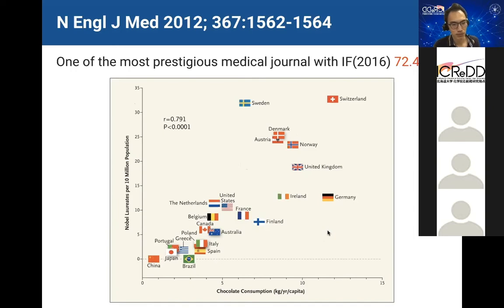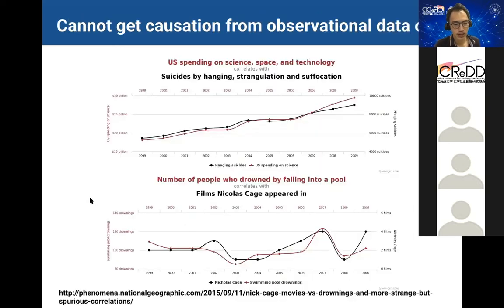So do not fall into this trap. And this is another famous example, from National Geographic. The red line is US spending on science, and the black line is suicide by hanging. So if the US government increases the science budget, the number of suicides by hanging increases. But this is just a random coincidence.